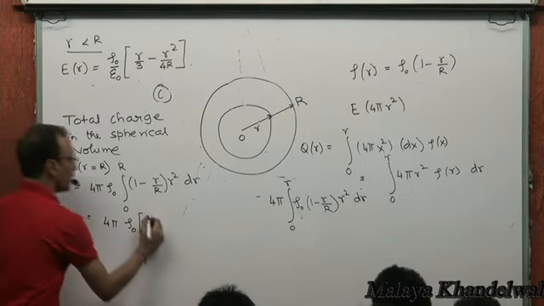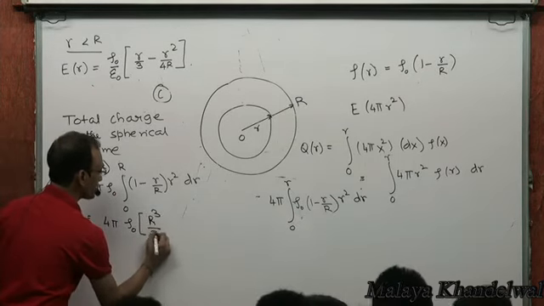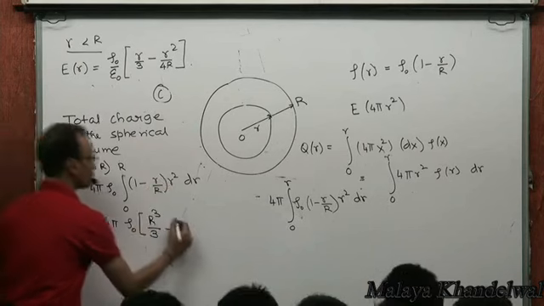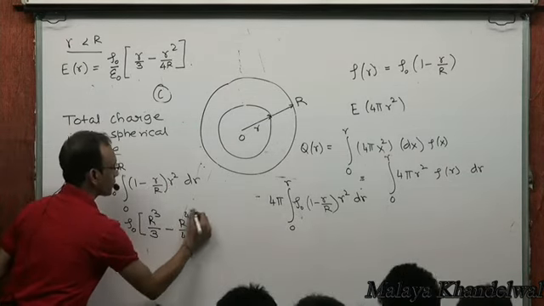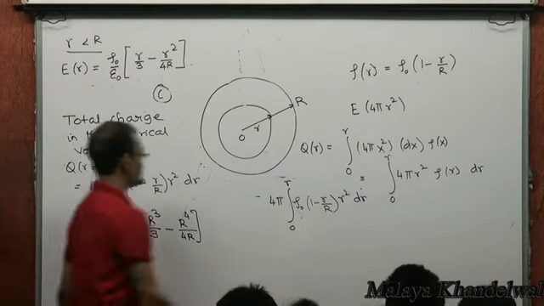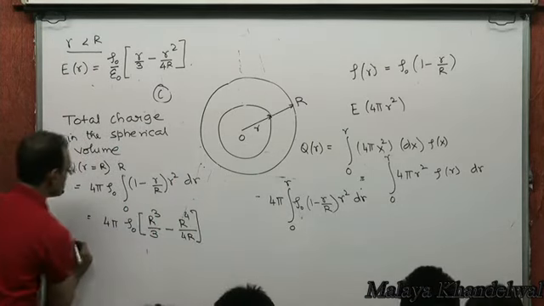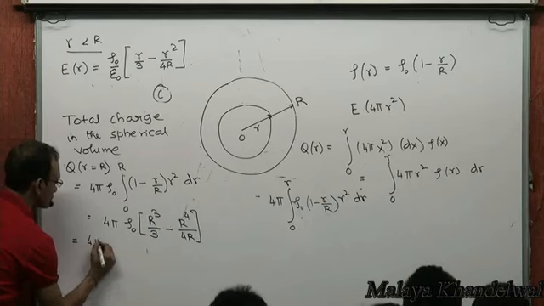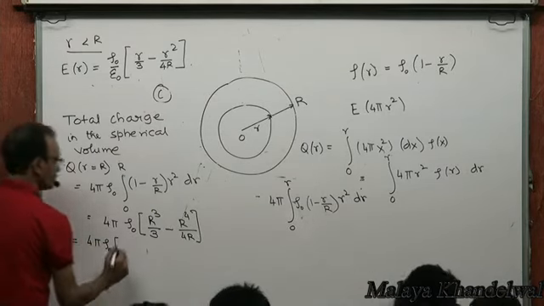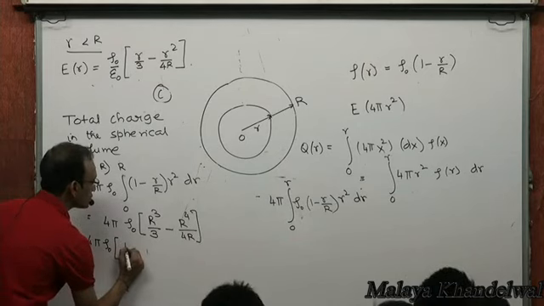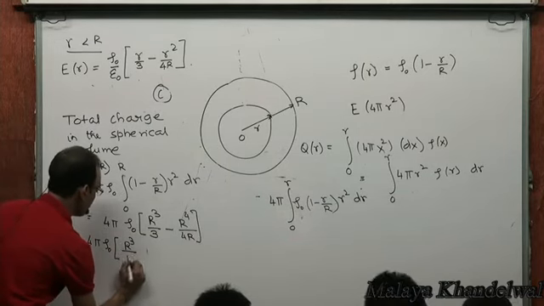R squared would give me R cube by 3. This R cube would give me R to power 4 by 4R. Which is R cube by 12.